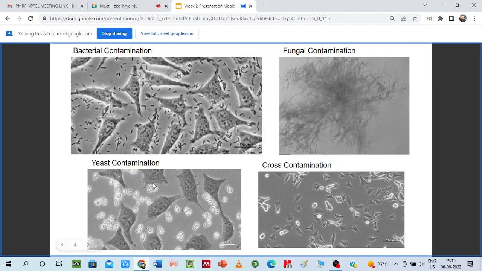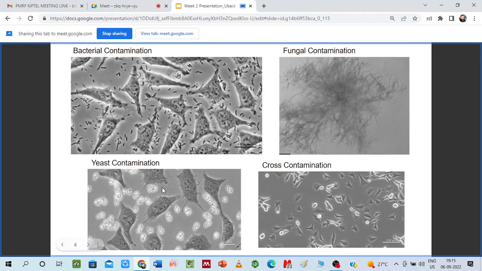Another type of contamination is yeast contamination. If you see these types of bubbles or particles in your cell culture media, it may be yeast contamination, but sometimes it may be confused with dead cells. When these adherent cells die, they get detached from the cell culture plate, and they also become circular.